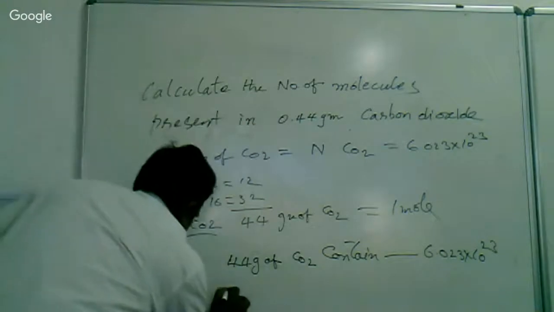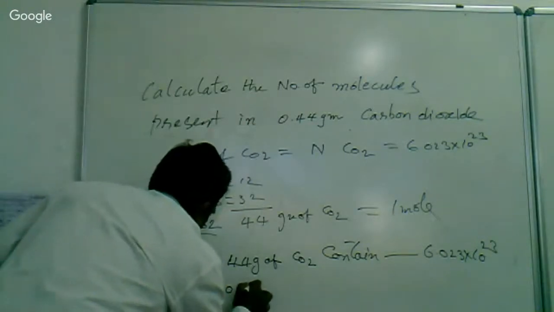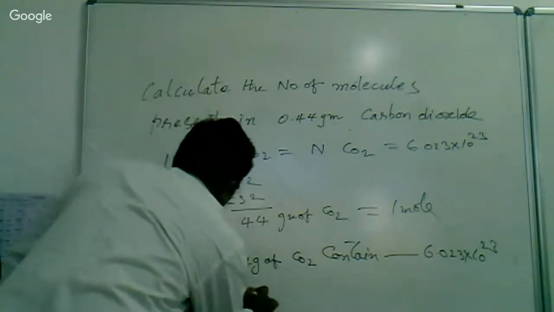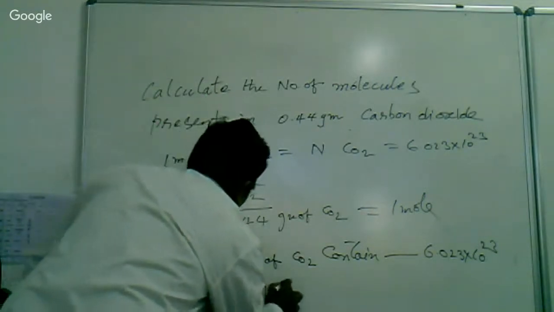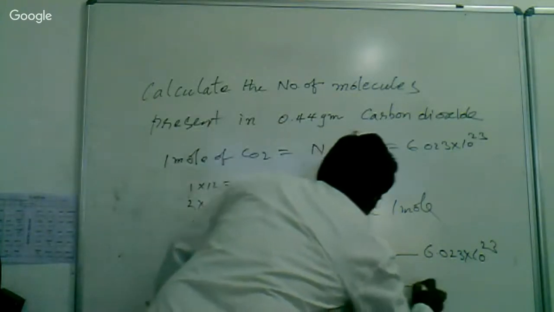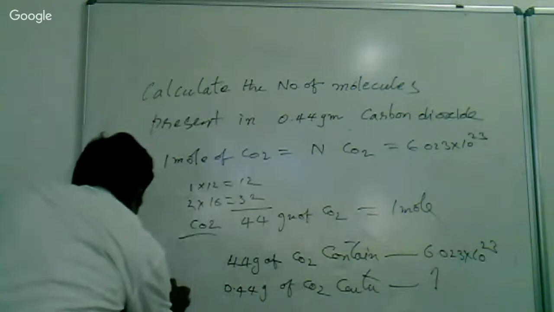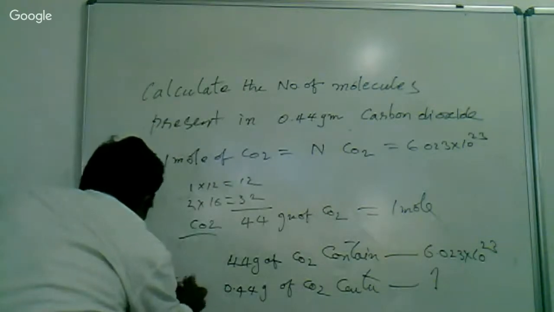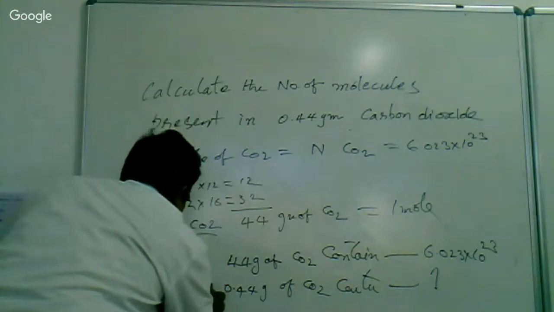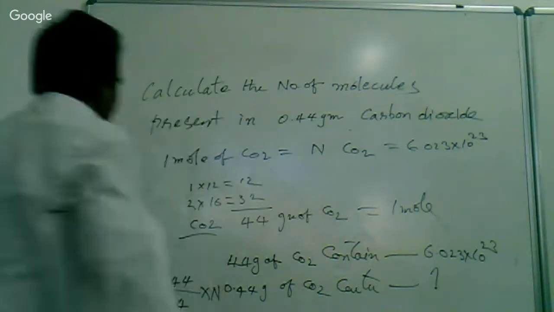So I can write, 0.44 gram of CO2 contains how many molecules? It is just 0.44 by 44 into n, where n stands for Avogadro's number.